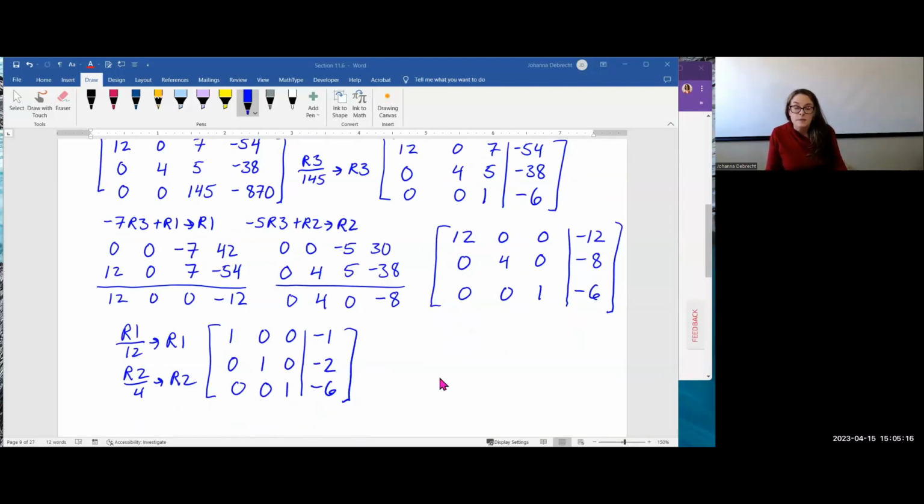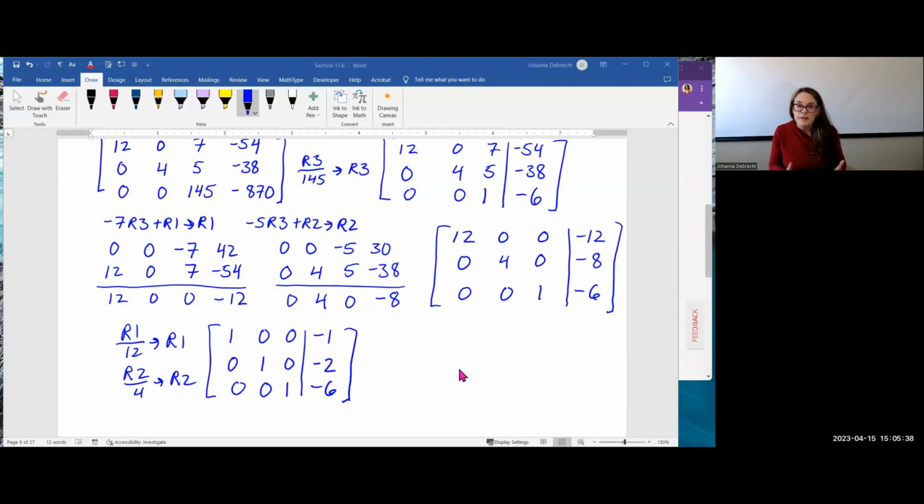Again, you could have stopped when you got into row echelon form and back substituted so that you could find the solutions in Gaussian elimination. Now, I should say at this point that there are technology ways of solving these problems. Obviously, if we have a very complex problem like the airport problem, we don't solve those by hand.